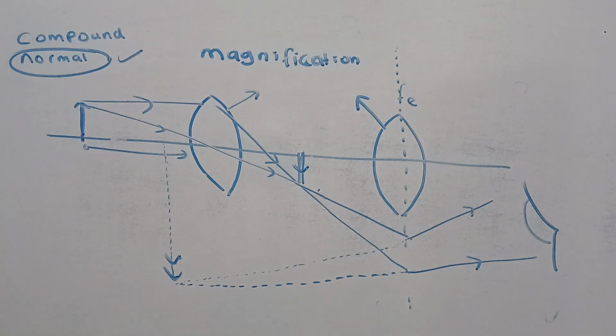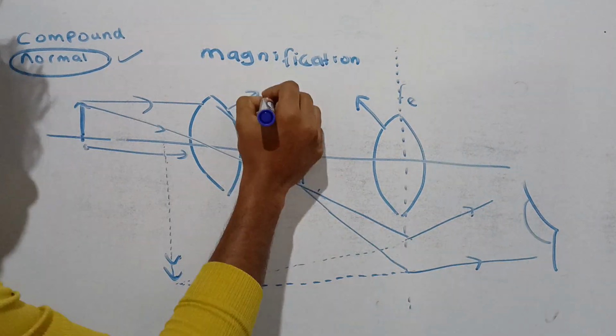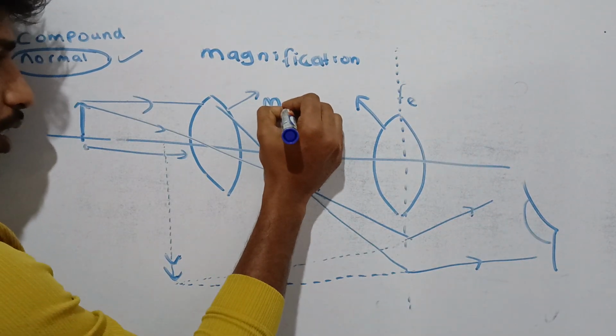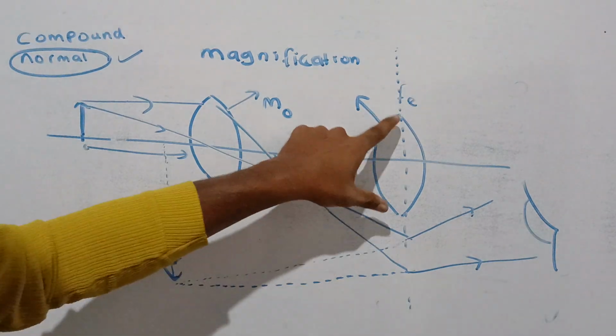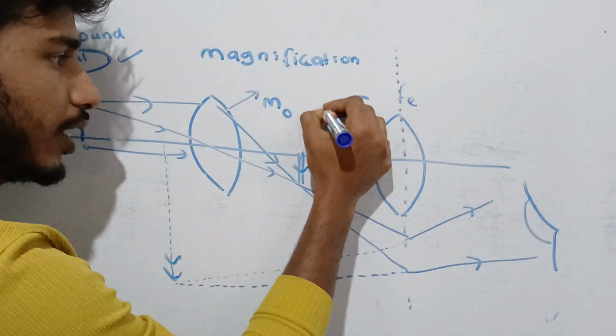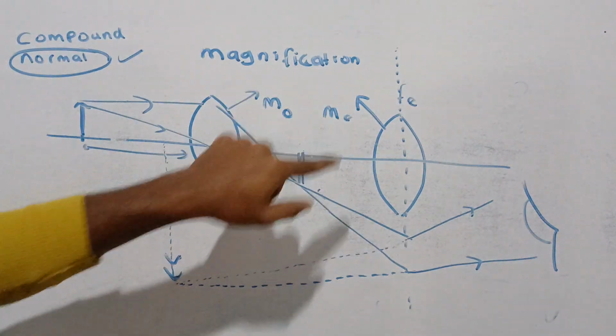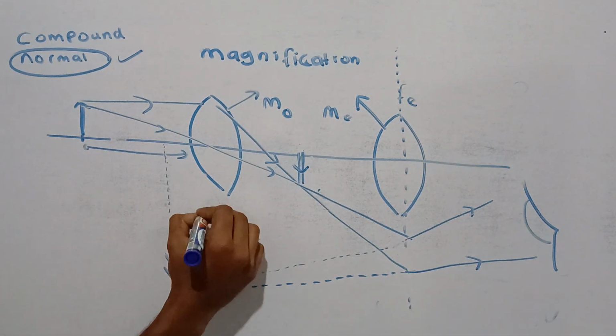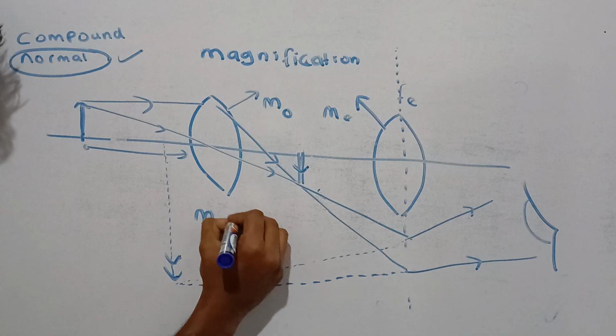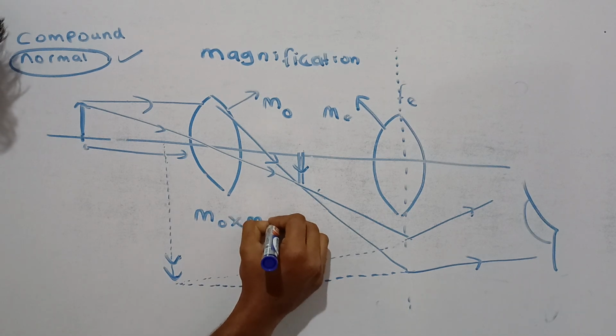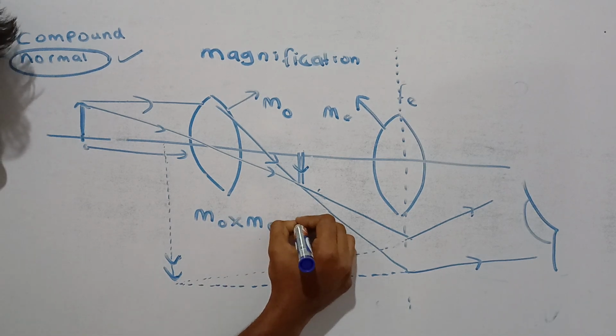The magnification created by the objective lens is, let's say, m0, and the magnification created by the eyepiece, let's say, me. The product of these two would get you the total magnification.